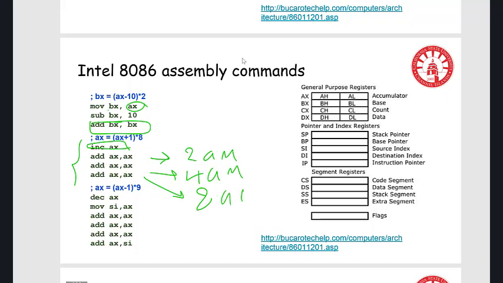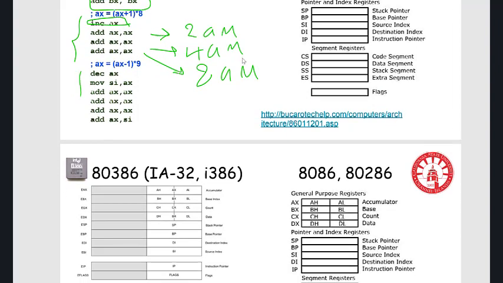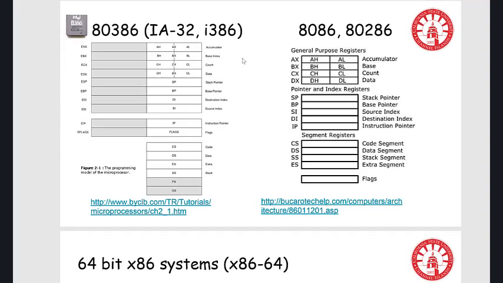Therefore, this one is 8AX. So the solution for this is given in here. Just go through that, and if you have any question about it, please feel free to ask me.